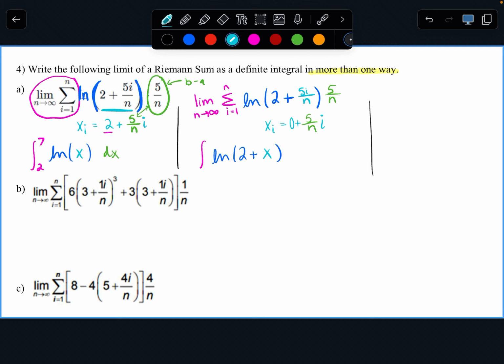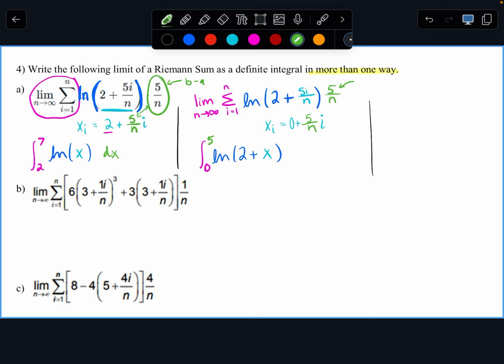What I'm choosing is my integral is not going to start at 2. My integral is going to start at 0. So it's messing around with the numbers. I'm going to go from 0, and then again, my width is 5, so this is going to go up to 5.